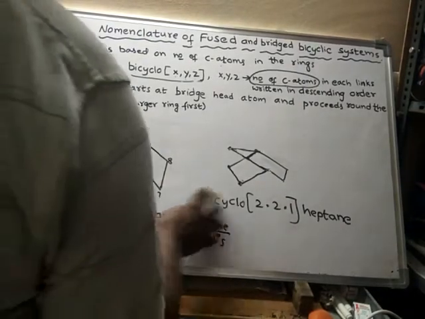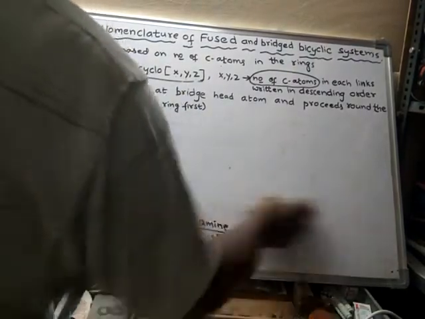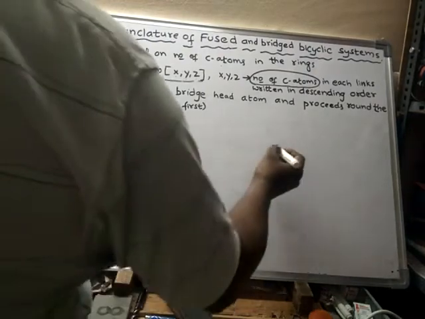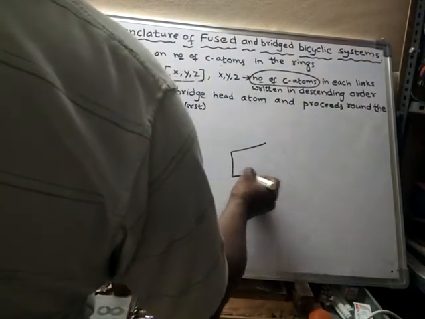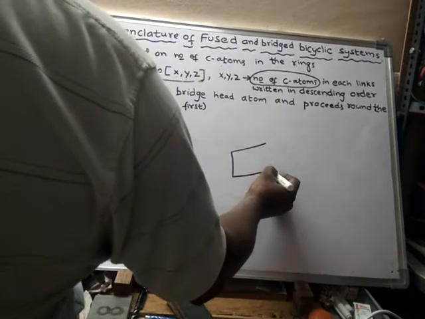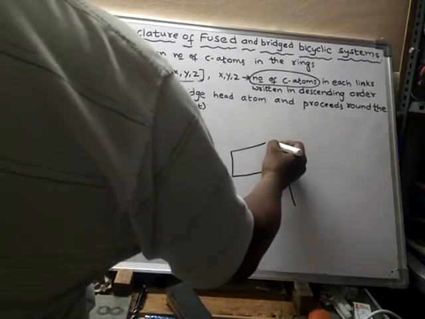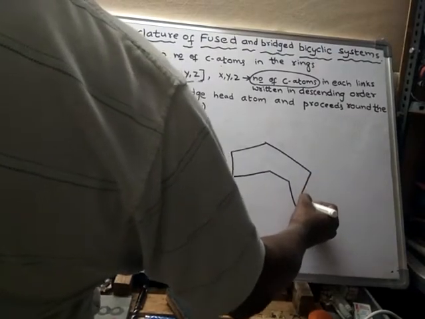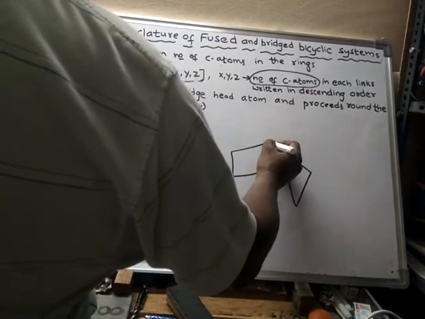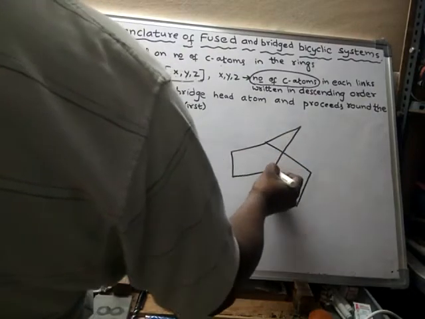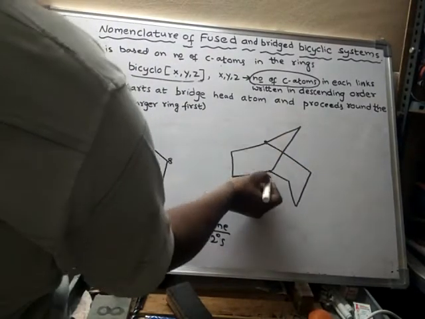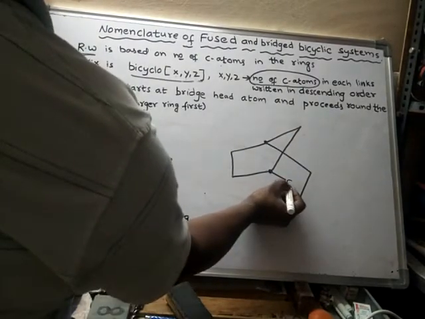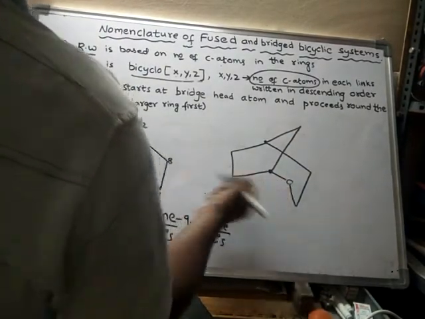What is the name of this compound? These two are bridgehead carbons, and here oxygen is present. So what is the name of this compound?